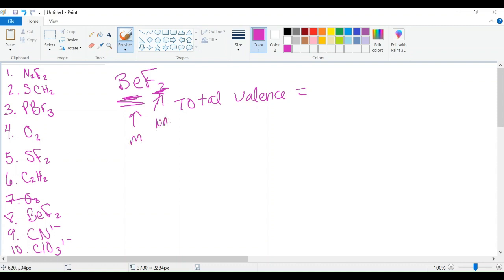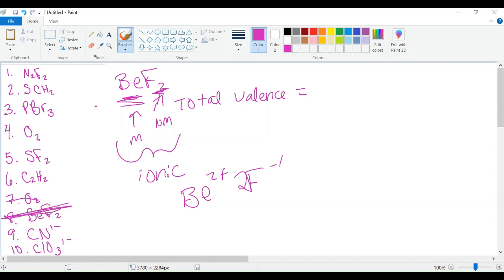Metal, non-metal. So this is ionic. And we don't really use Lewis structures for ionic compounds. Since they form those crystal lattice structures, we would just kind of indicate it like this. And we've got 2 of these. So I'm going to cross this one out as well, actually, because we don't really draw Lewis structures for our ionic compounds. That's my bad.